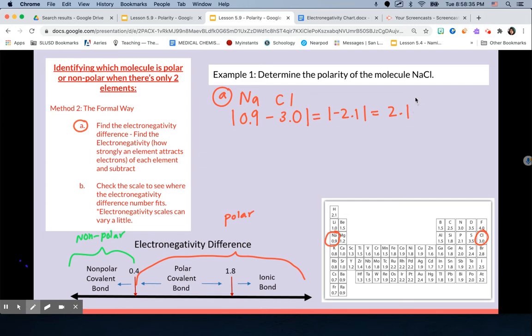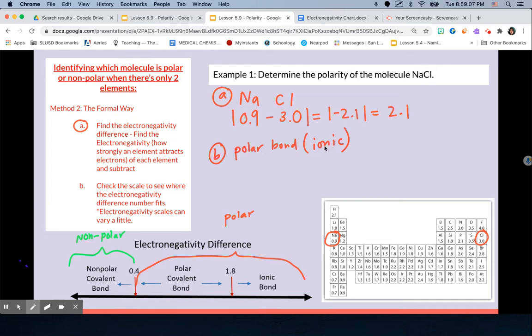Right. So since we got an electronegativity difference of 2.1, we can call this either polar, or if we want to be more specific, it is a polar bond that is considered ionic, meaning that these electrons aren't really being shared evenly at all.